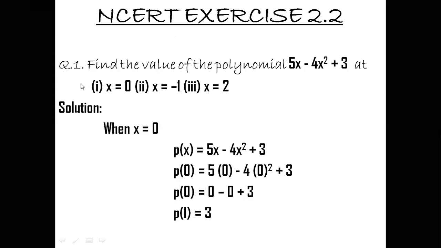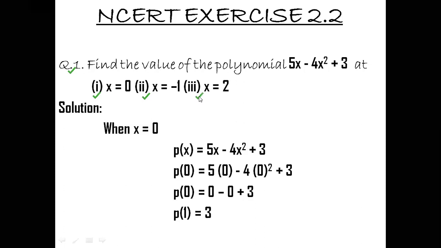Let me take the first question of NCERT exercise 2.2, which says that find the value of polynomial 5x minus 4x squared plus 3, that is, when x is equal to 0, and then when x is equal to minus 1, and then when x is equal to 2.